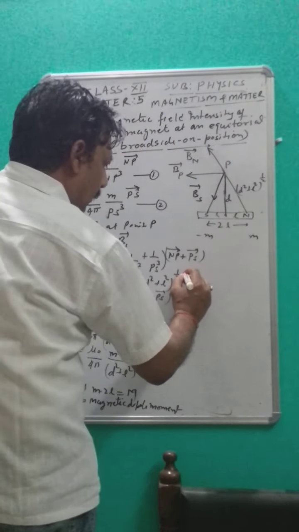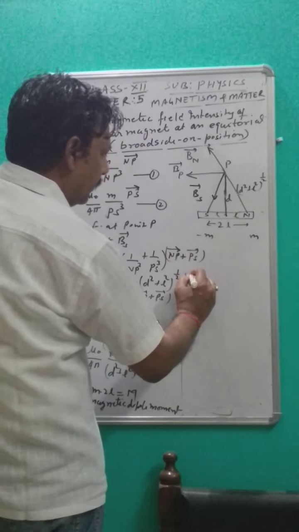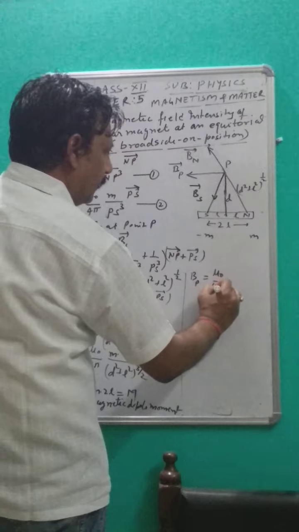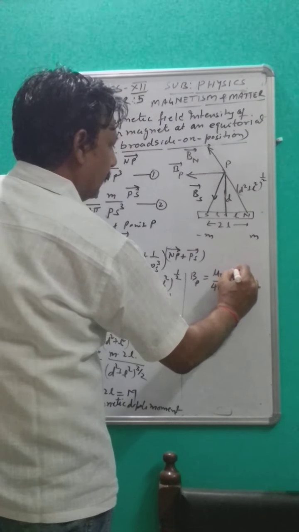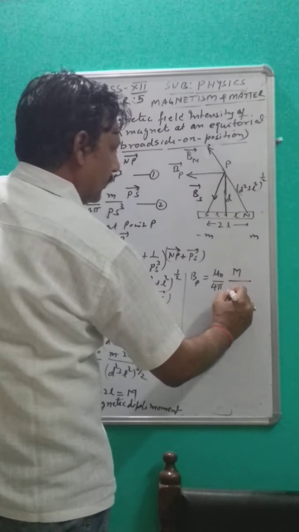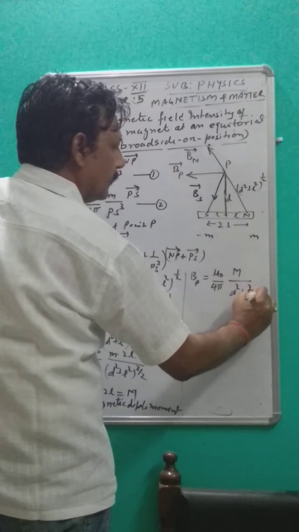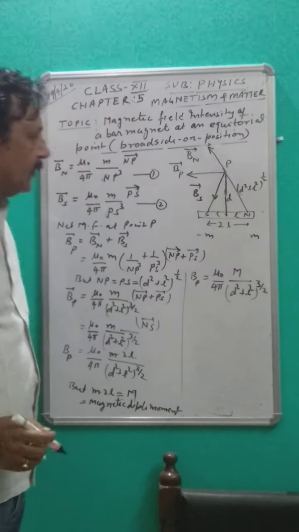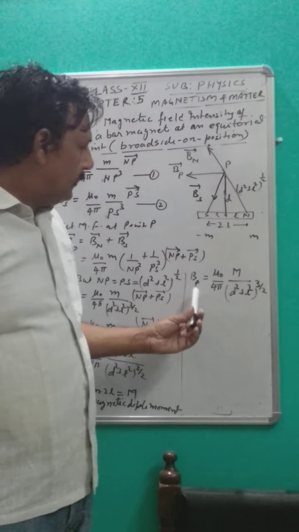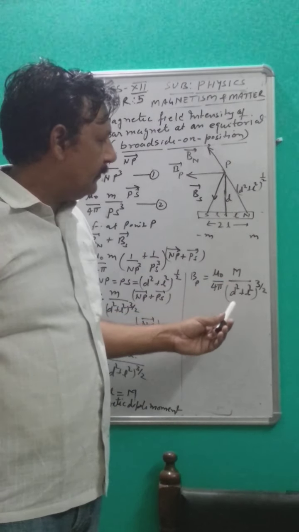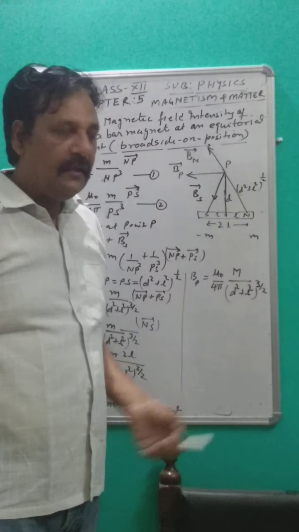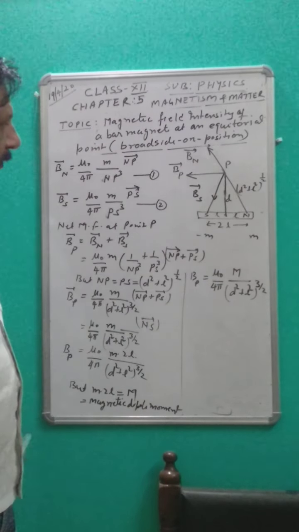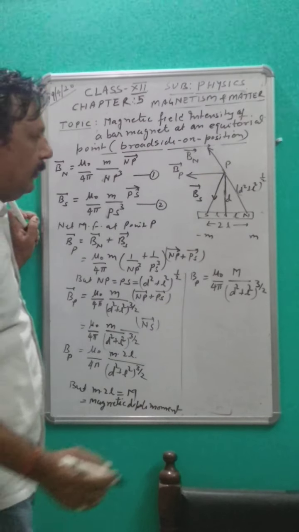So the last expression becomes Bp equal to mu naught upon 4 pi, M upon d square plus l square to the power 3 by 2. Here capital M is the magnetic dipole moment.